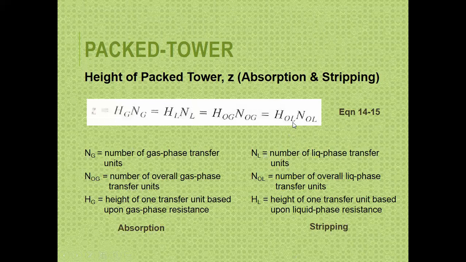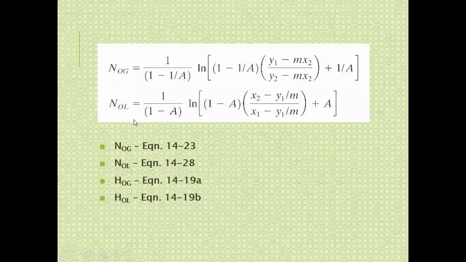But in the case of gas absorption, it's the other way around, so you use the HG, NG or the HOG, NOG in determining the tower height, which is represented as letter Z. Okay, the formula you're seeing here is snipped from Perry's.